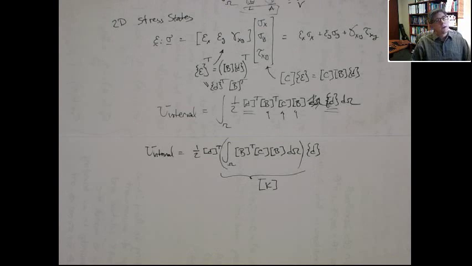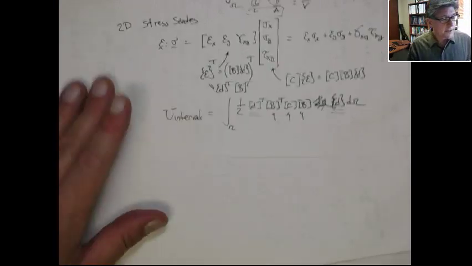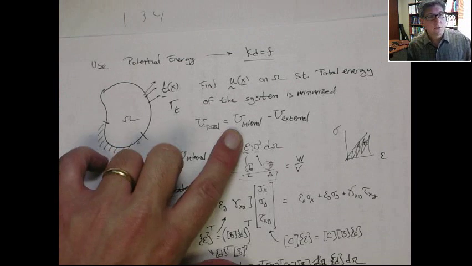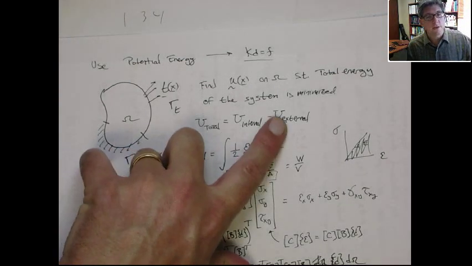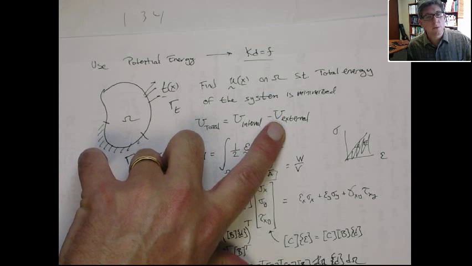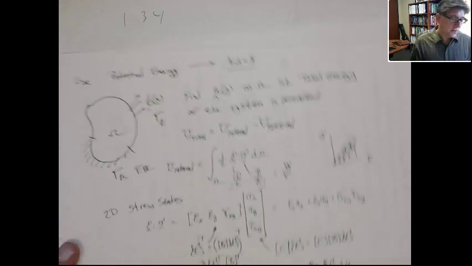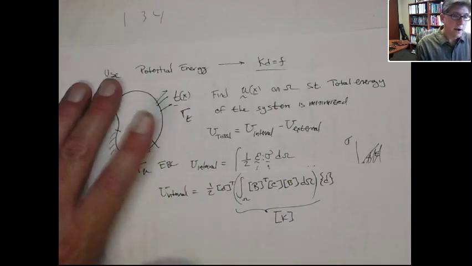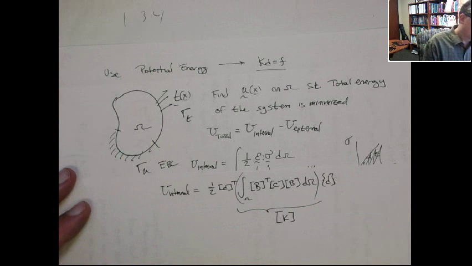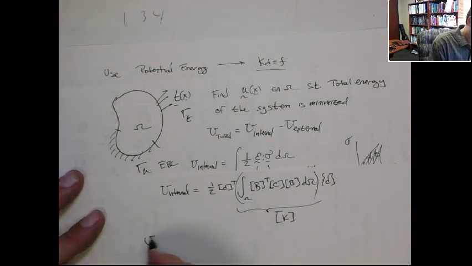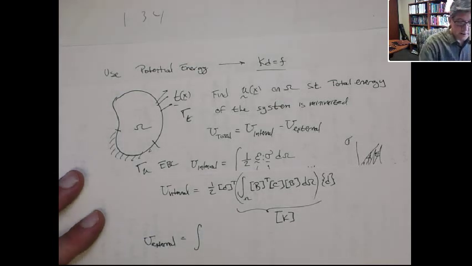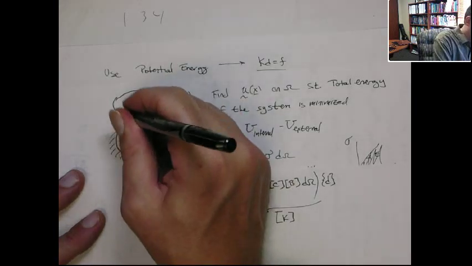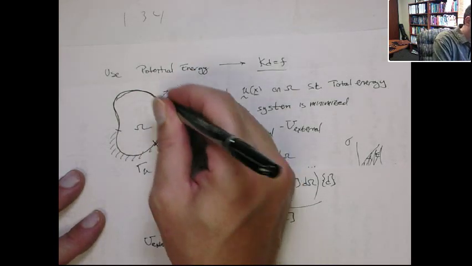Right? Okay, now going back to the energy argument, it's not minimizing the internal energy, it's the total energy. So we need to come to terms with this external energy. So if you think of the external energy, this is the work done by these tractions, okay? So this external work, again, we're going to integrate over the region where the tractions are defined.